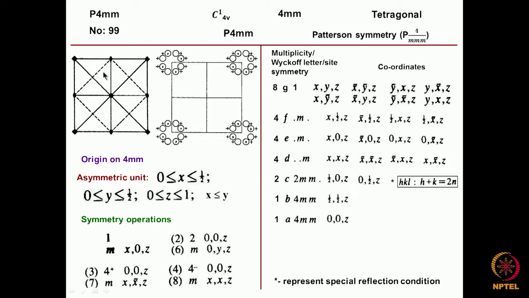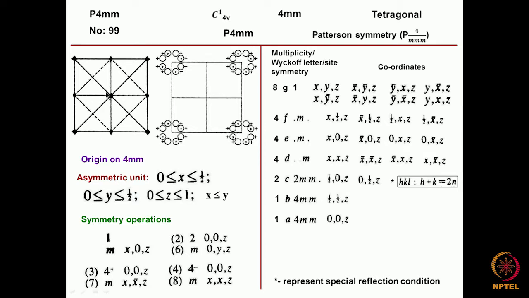If I reach a y value greater than half, I will be crossing it. And what is the value which x can have, because this is the diagonal? At any particular value, x should always be less than y. When x becomes y, the point will be on the body diagonal. That is a mirror, a symmetry point it has reached. So the asymmetric unit is essentially this.